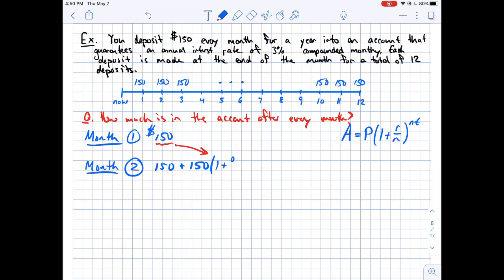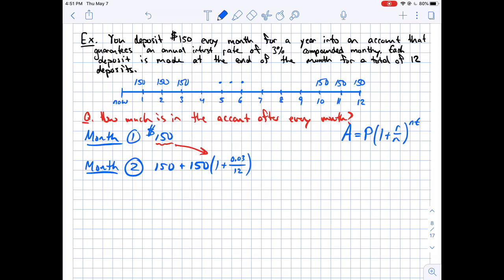It's going to be earning 3% interest, with n equal to 12 because we're looking at a monthly compounded rate, and it's in there for just 1 month, so t is 1 over 12. It's really just one period, so we don't even need to put this exponent there at all. This is the amount that that $150 is worth after it has sat in the account for 1 month.